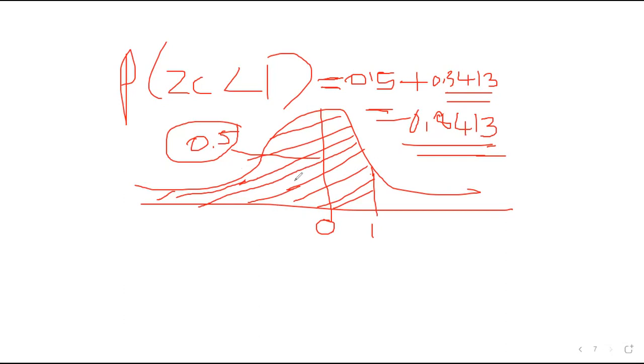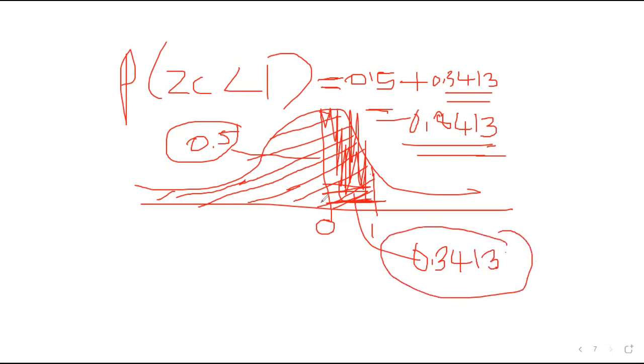This whole area is 0.5, then plus the probability for this area, from here up to here, which is 0.3413. Then plus the 0.5 is coming to 0.8413. So this is what goes on.